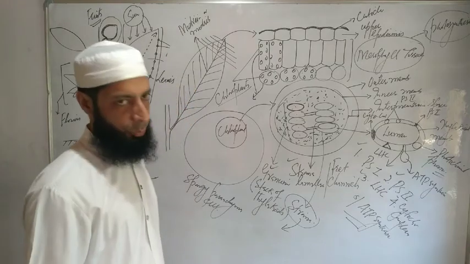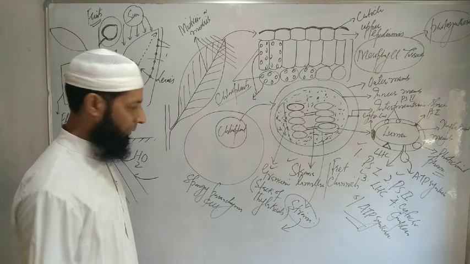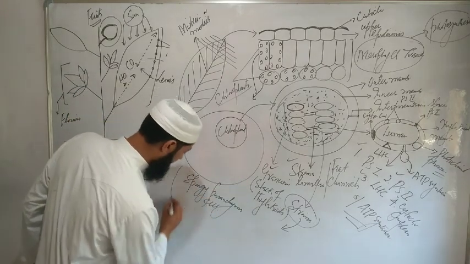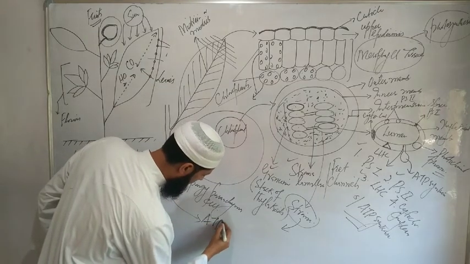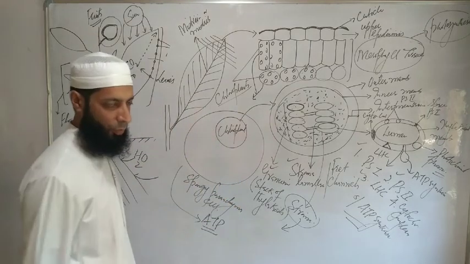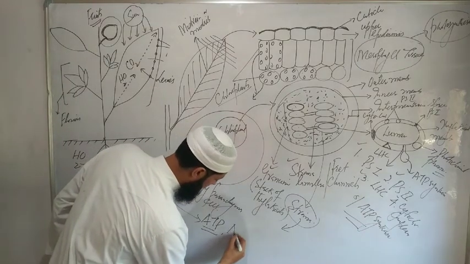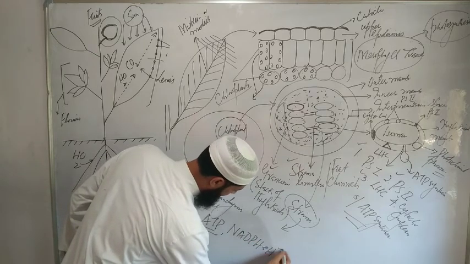Now, the question is, during the photochemical reaction, what happens? Two things are produced. One is adenosine triphosphate and the second one is NADPH plus H positive.